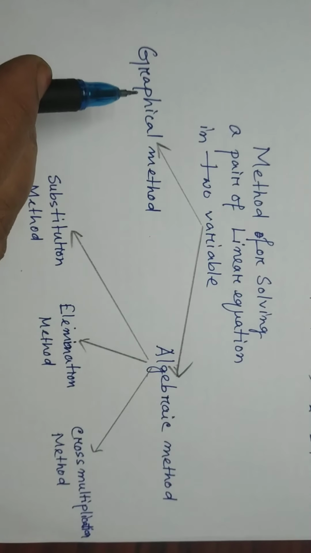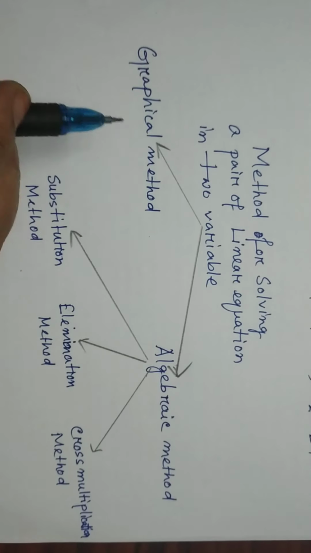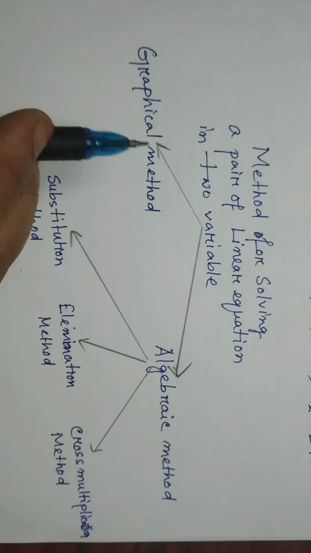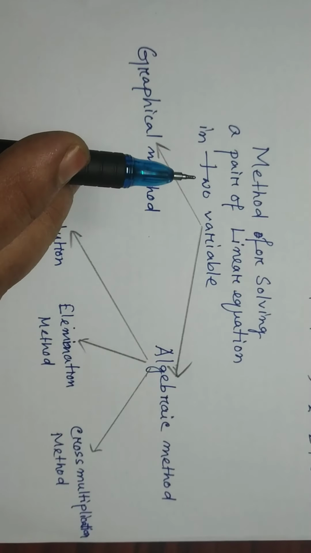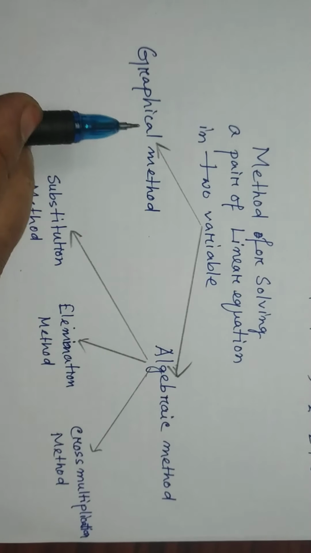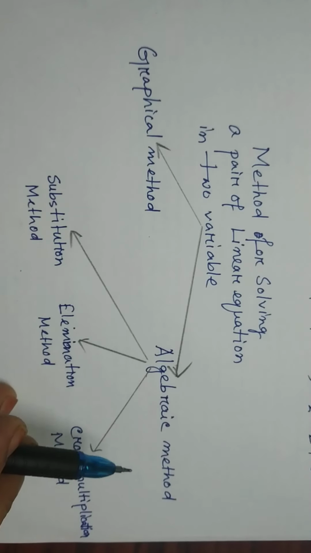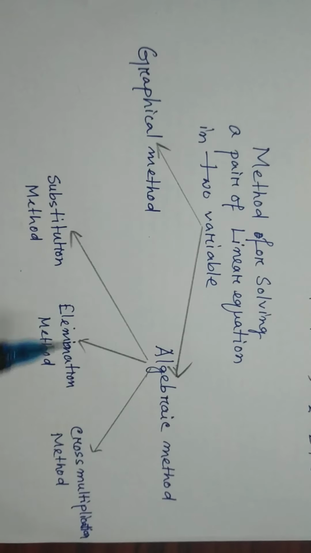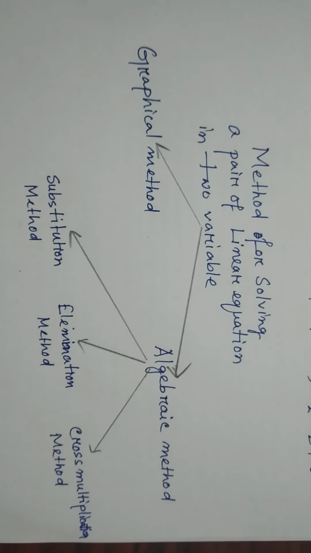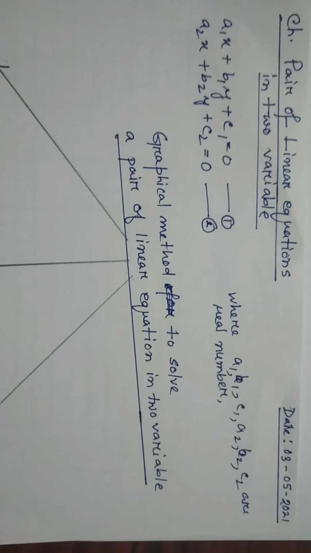With the help of a graph we find the solution, that means we find the values of x and y. Next, the algebraic method. There are three types of algebraic method: one is the substitution method, another is the elimination method, and the third is the cross multiplication method.